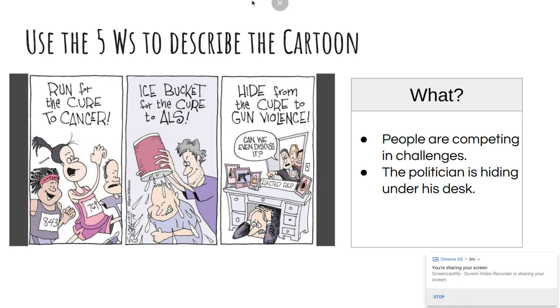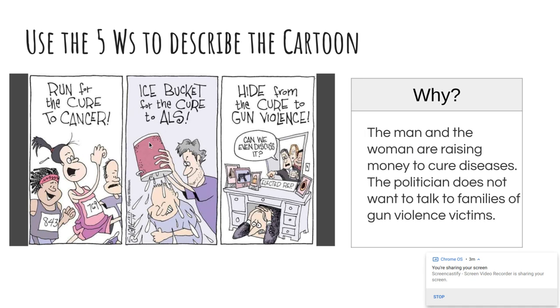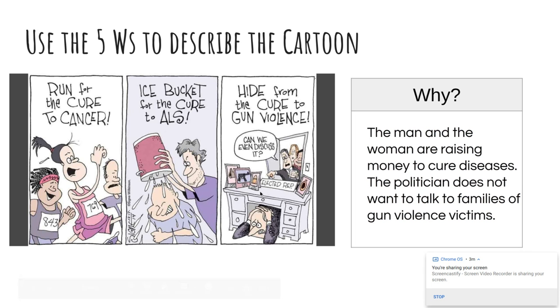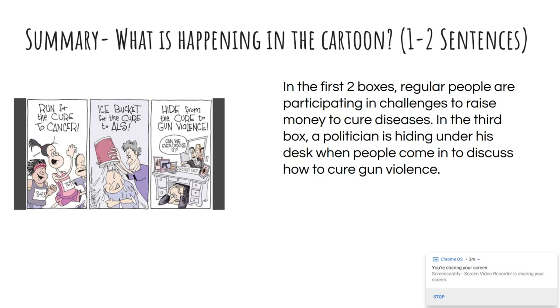And in this last box, we have a politician who is hiding under his desk. Why are they doing this? Well, the man and the woman are raising money to cure diseases, and the politician does not want to talk to families of gun violence victims. So that's why he's hiding. He's under his desk. He clearly does not want to talk to these people. He's pretending like he's not even there.